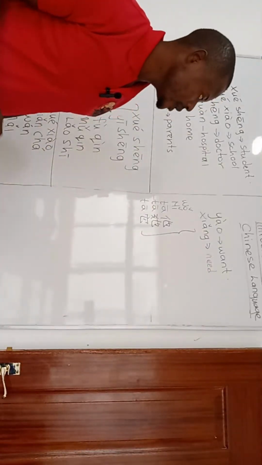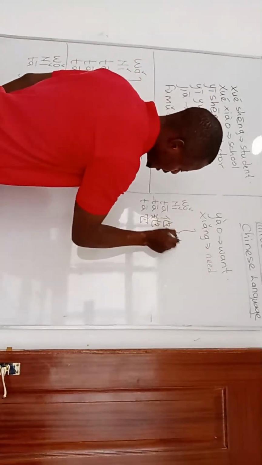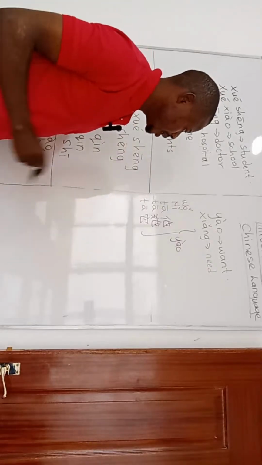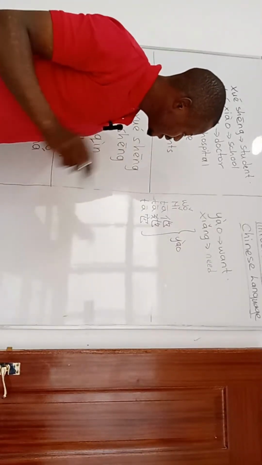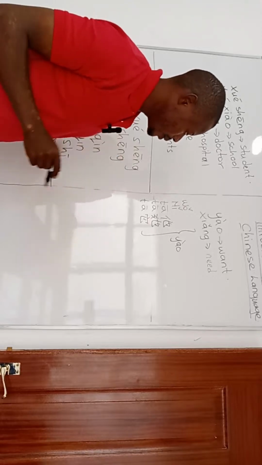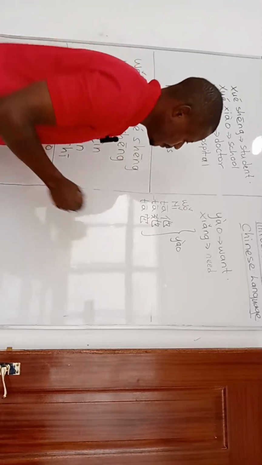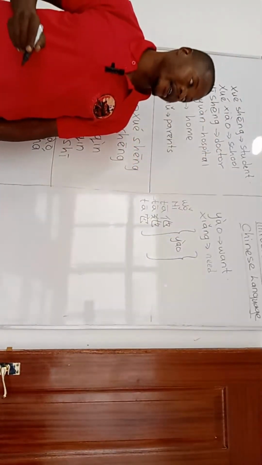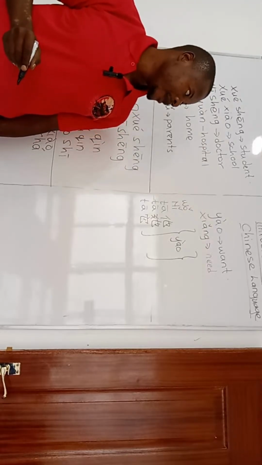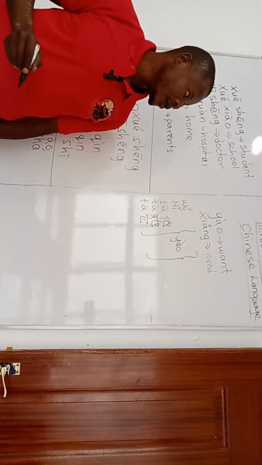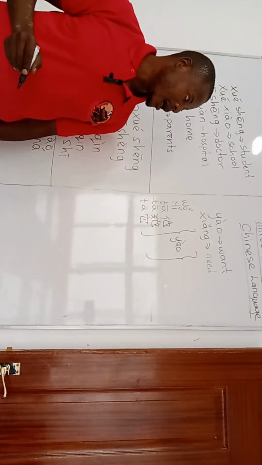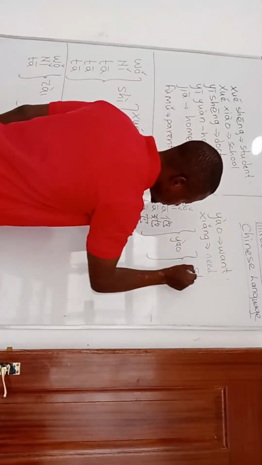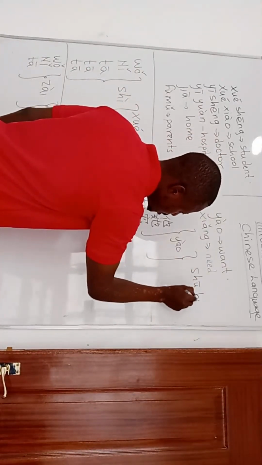Just make sure that we have the word yao at the center. Wo yao, ni yao, ta yao. Now, in front of the word yao, what do we put there? If you wanted a book, you say 我要书, book 书.